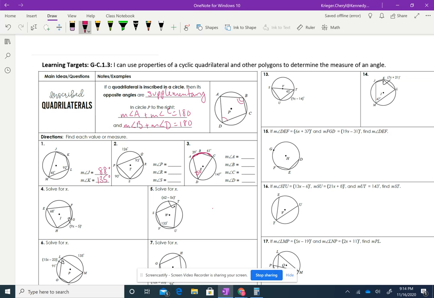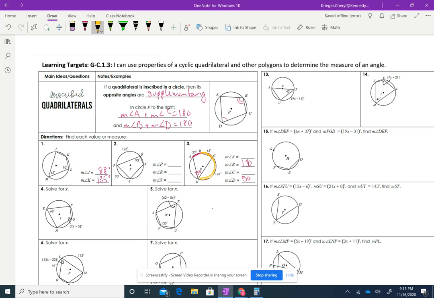Okay, so if D is 50, then B, which is across from D, is supplementary. So that would be 130, right? 130 plus 50 equals 180. And I can see that, I'll change the color here. Angle A is equal to half the sum of 61 plus 147, right?